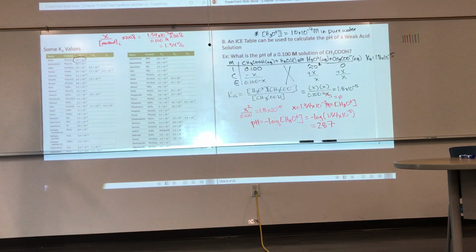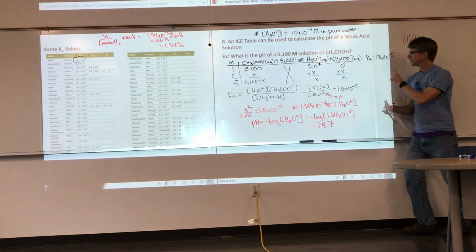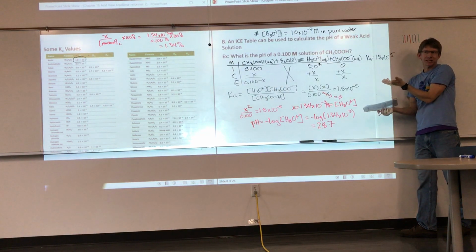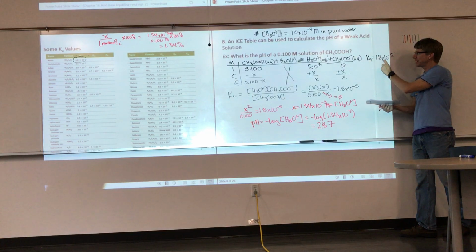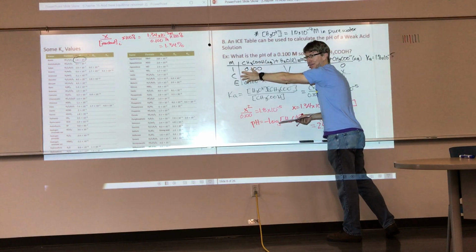Any other questions? Mackenzie? Can you repeat what you said to her about the small K value and how you assumed the x was equal to 0? Yes. So this K, it's a Ka, but it's the same pattern as Kc. We said if any equilibrium constant was less than 1 times 10 to the minus 4th, that meant that it was very reactant favored.